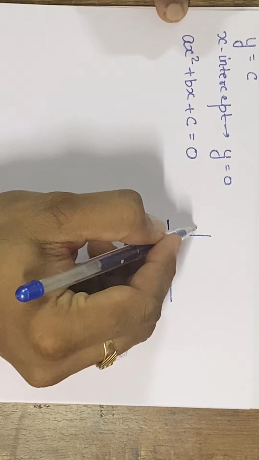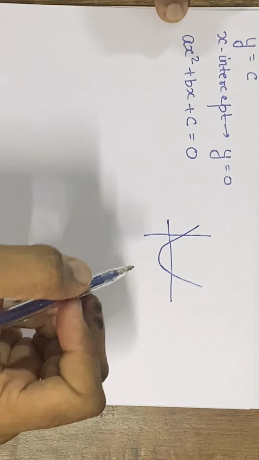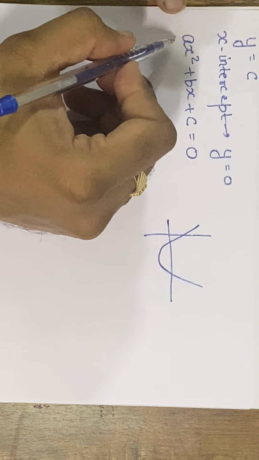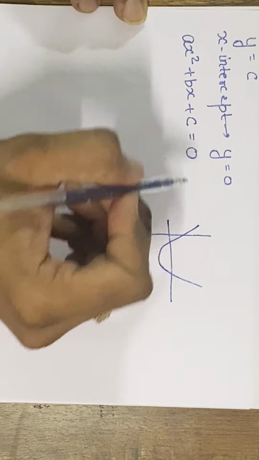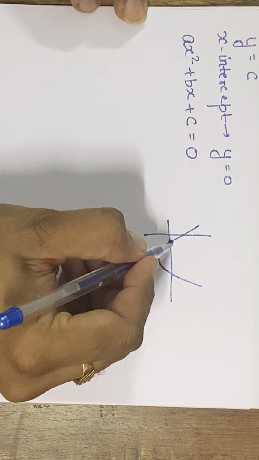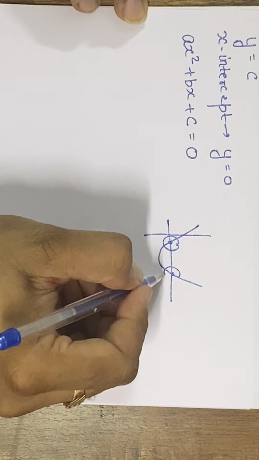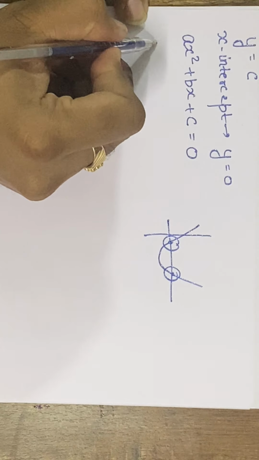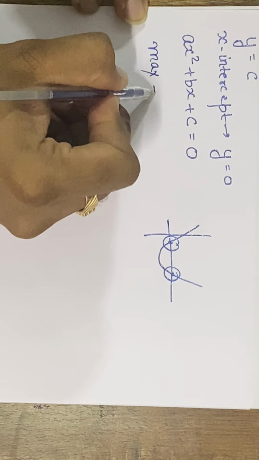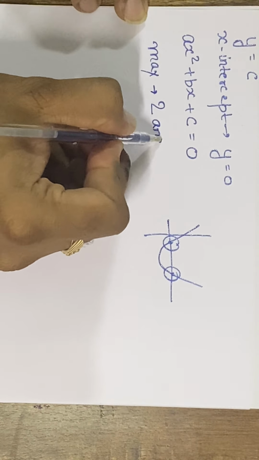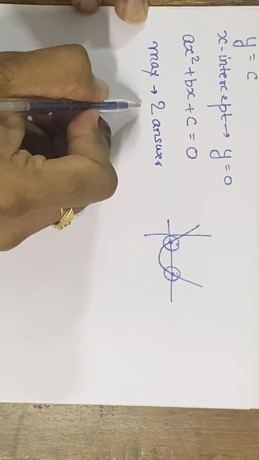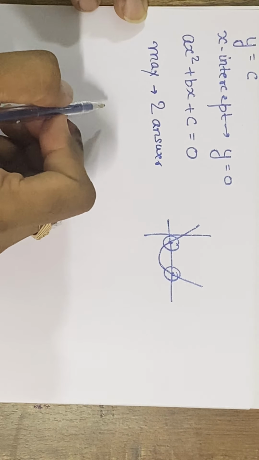If this is a laughing graph or a concave up graph, and we solve this at y equals 0, at this point and at this point, we can get a maximum of 2 answers. It can be 1 answer also, it can be 0 answers also.